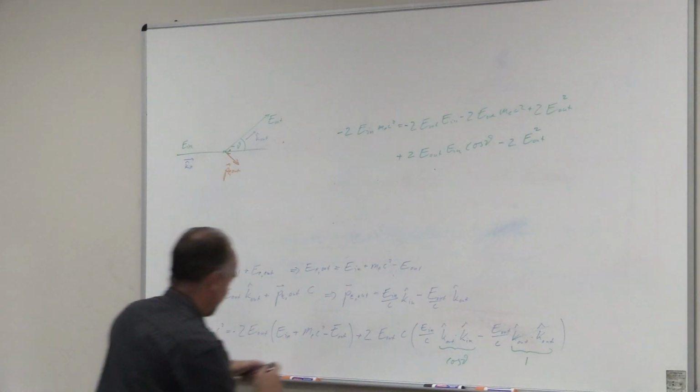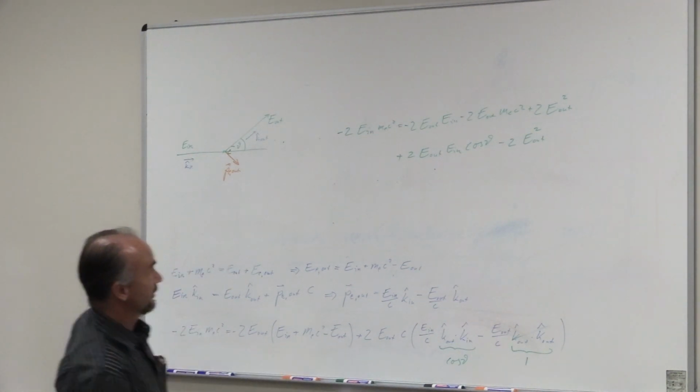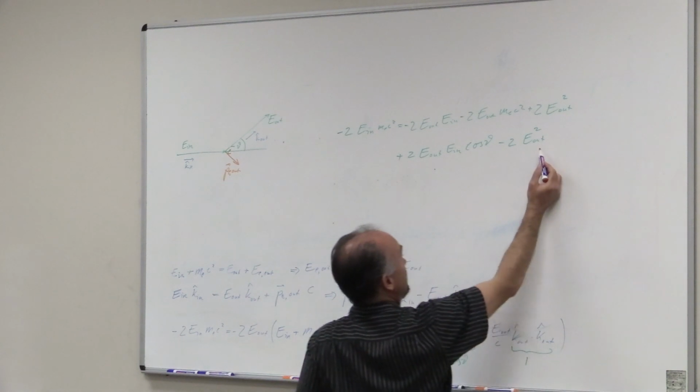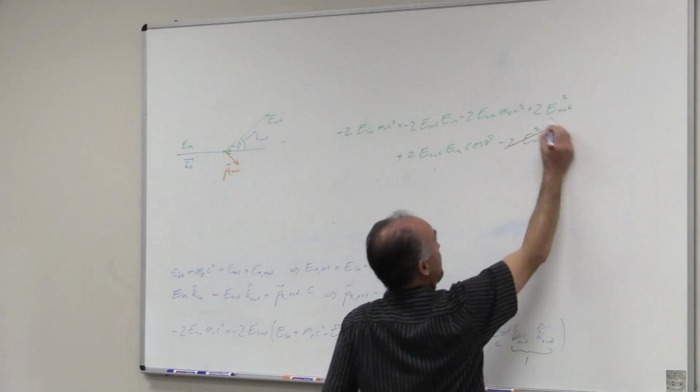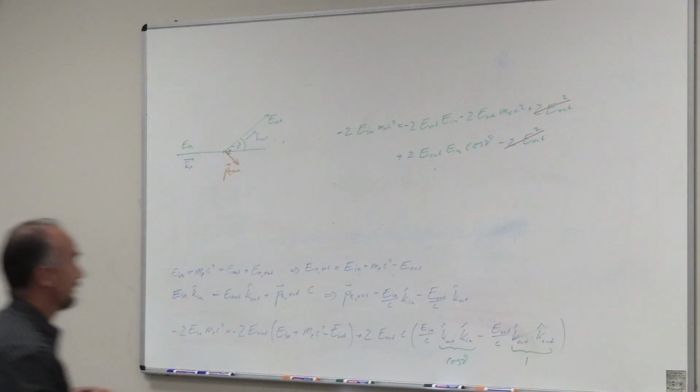Okay. Now it begins to look a little better. We have plus 2 E_out squared minus 2 E_out squared. Those go away.